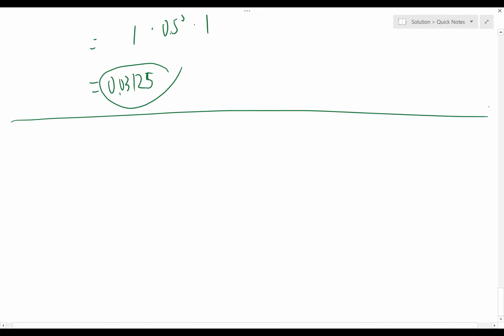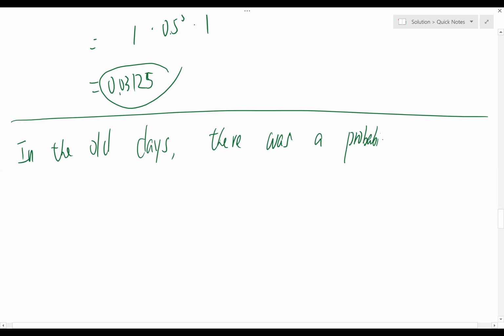Okay. In the old days, meaning in the 1920s, 30s, something like that, there was a probability of 0.8, or 80%, right? 80% chance in any attempt to make a phone call.